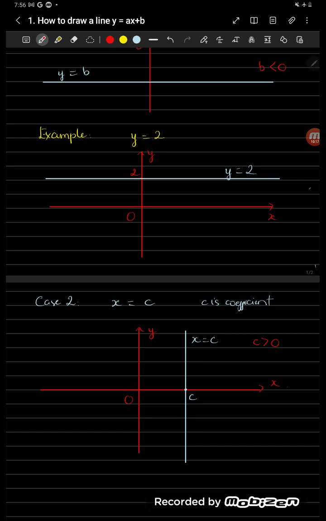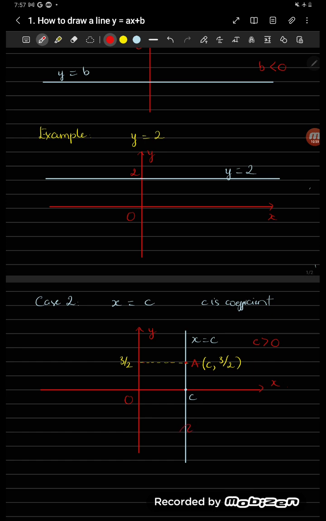Let's say we pick a point here, point A. This point has an x coordinate equal to c, but the y coordinate can be something, for example 3/2. So the x coordinate is always c, but the y coordinate is 3/2.